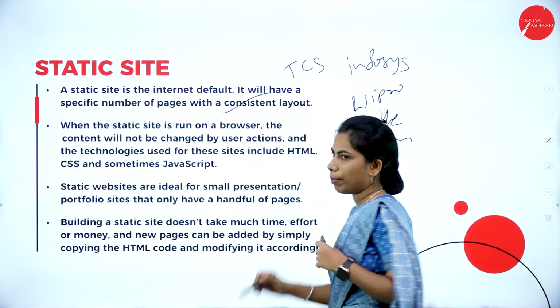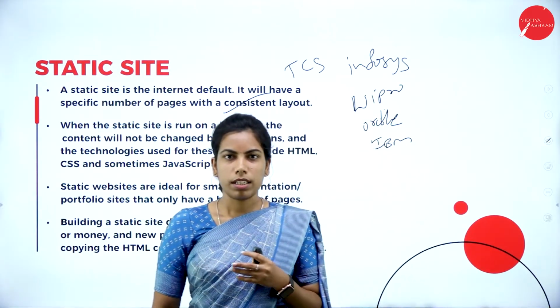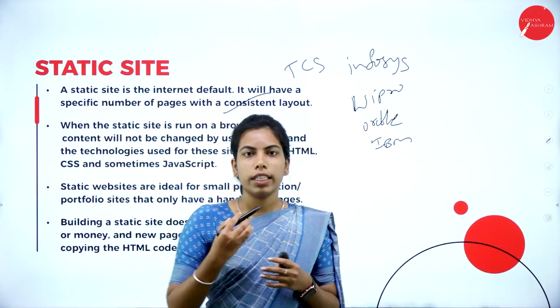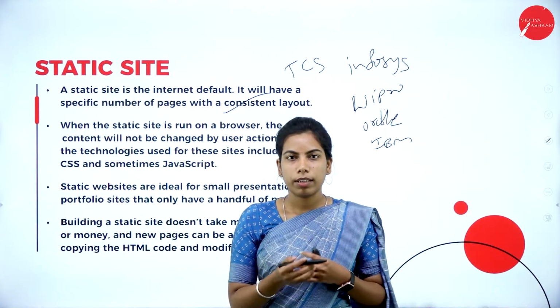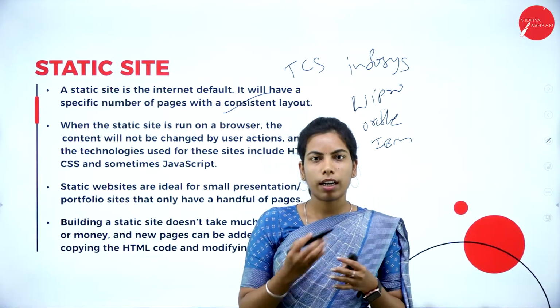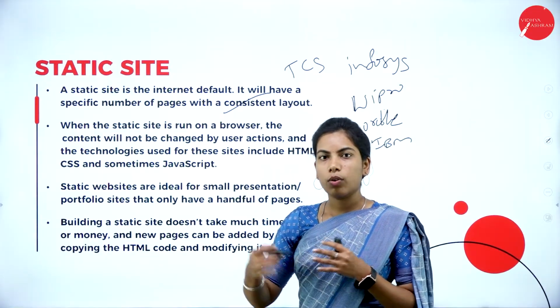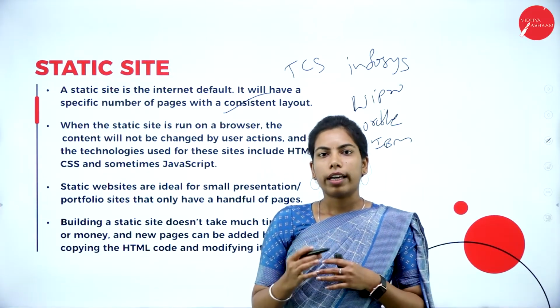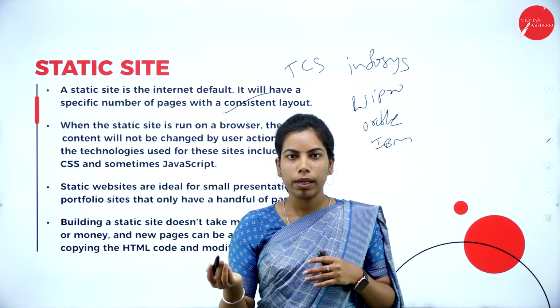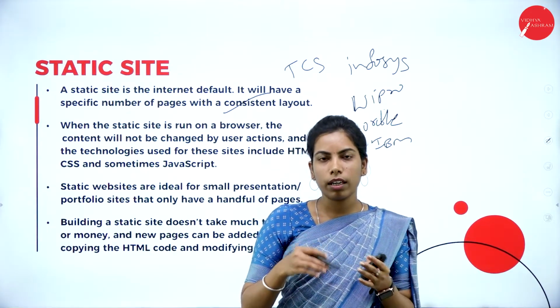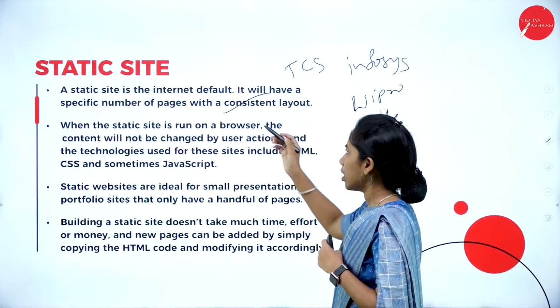These are some of the MNC companies, right? Top IT companies. In IT companies, they build their own website for login or creating accounts. That website is not accessible to outside people except the employees of the respective companies, right? So that is what a static site.